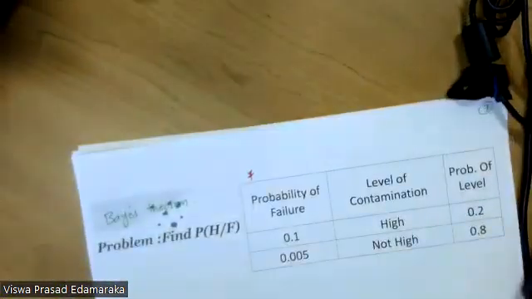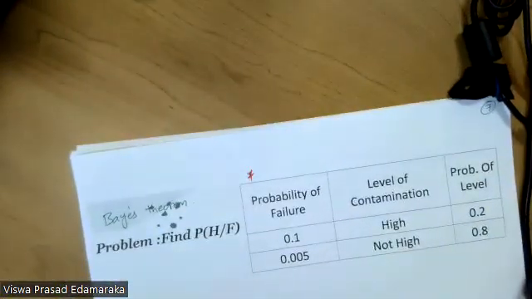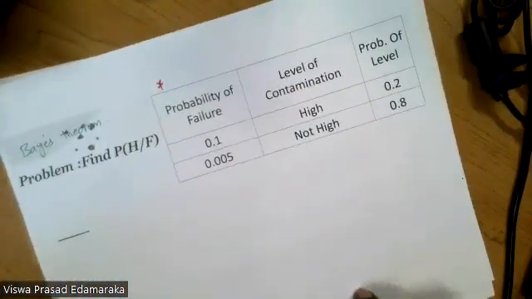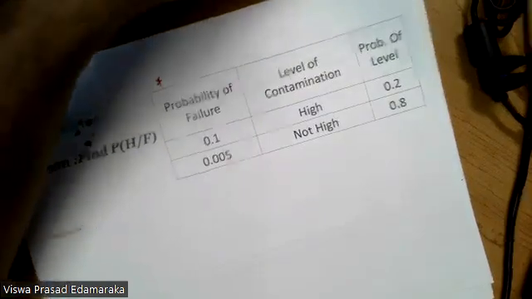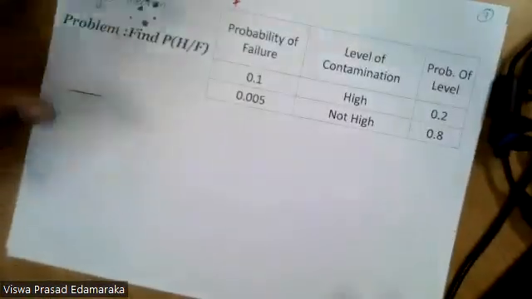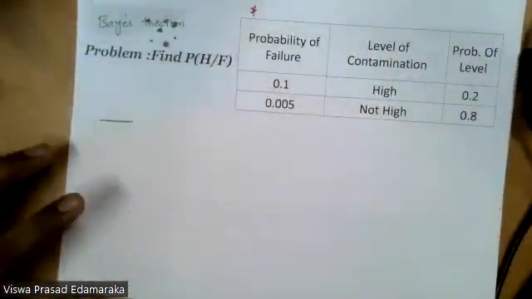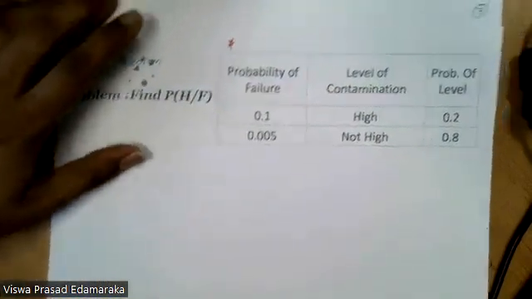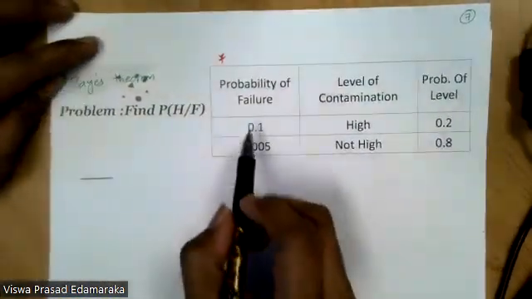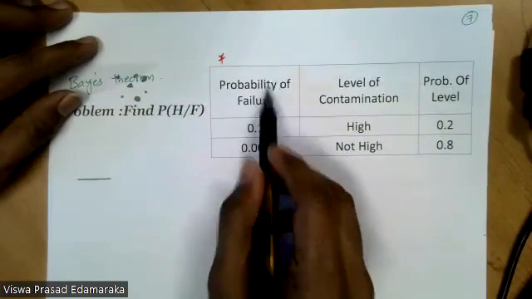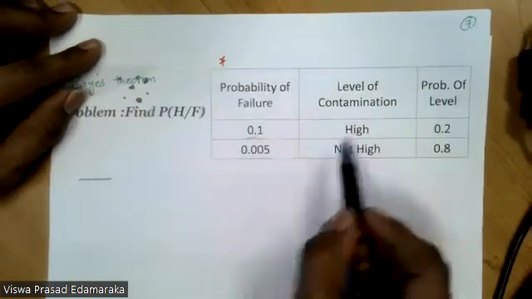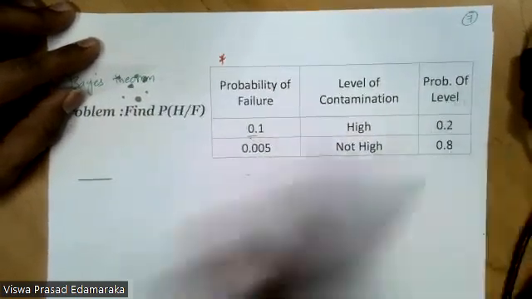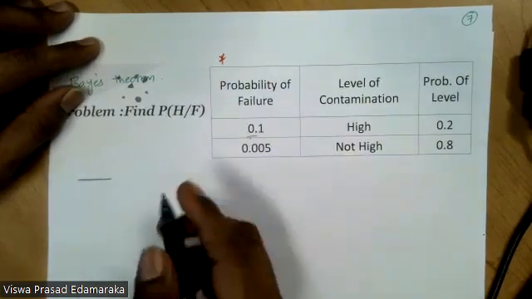Let's do one very important problem from Bayes theorem. If you have any issue with visibility, kindly let me know. The problem has given the probability of failure 0.1, 0.005 for high and not high, and probability of level 0.2, 0.2.